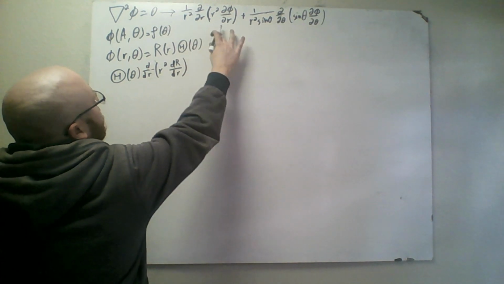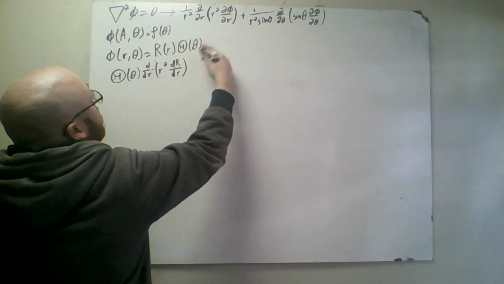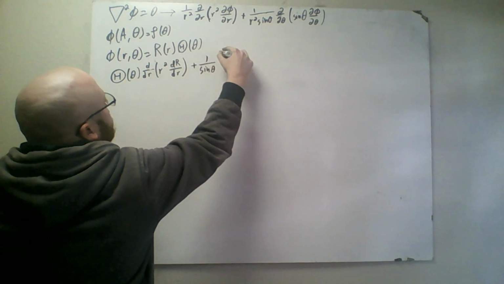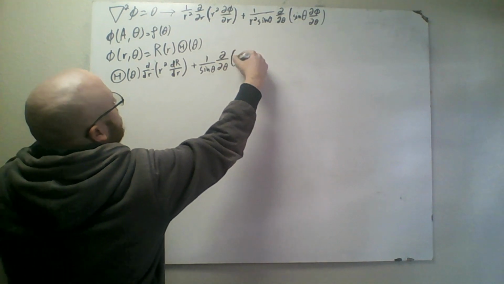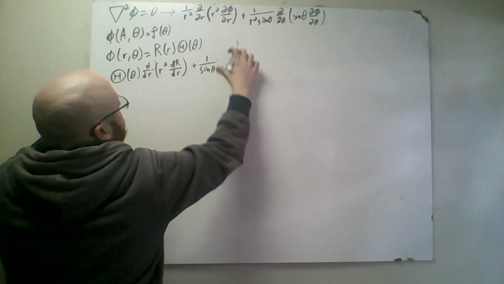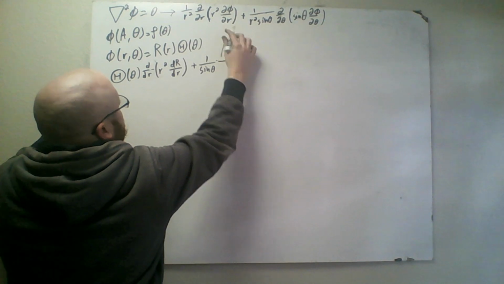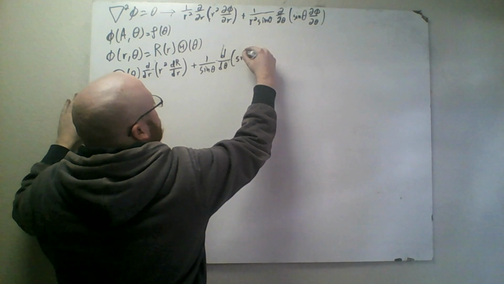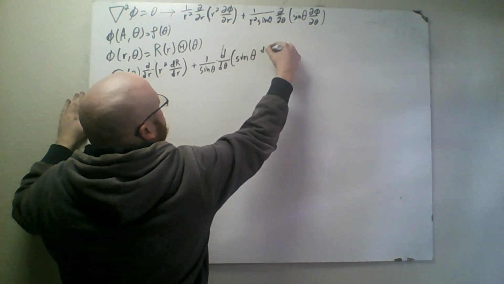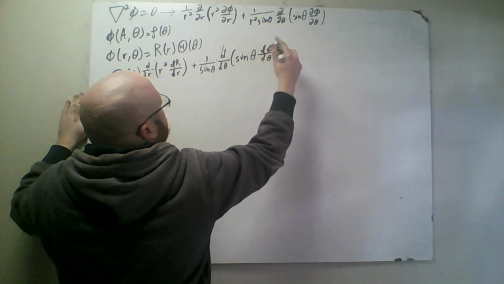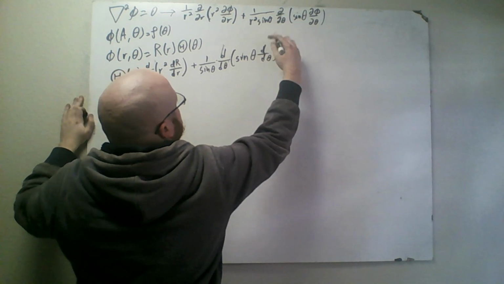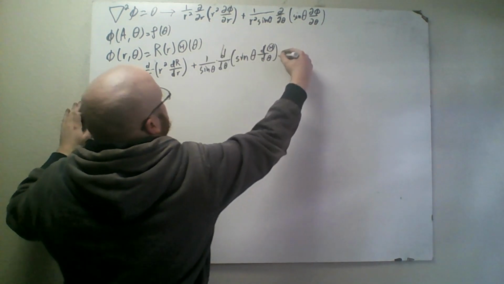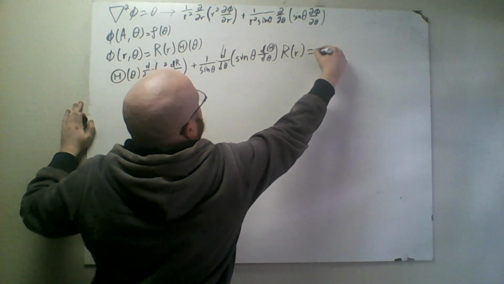Anyway, that gets rid of that guy. Cool. And we have R times 1 over sine theta, d over d theta, sine theta d theta over d theta. And this becomes the big R, and I'll just add this here, equals 0.